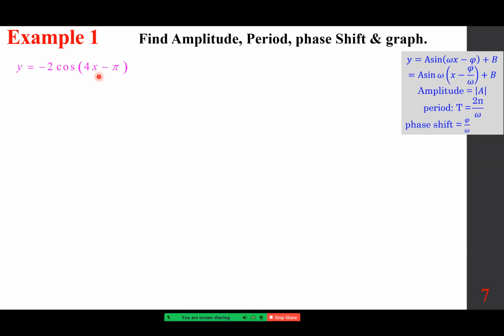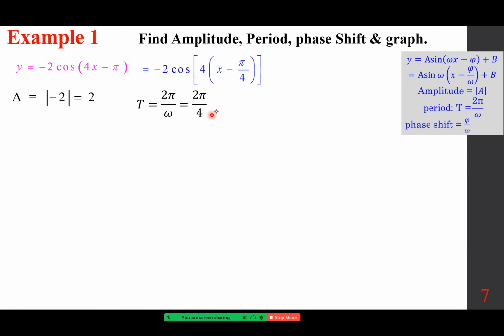So for this one to be done, number 1, you have to take out the 4. So we take out the 4. And now, what is the amplitude? Absolute value of -2, which is 2. What is the period? 2 pi divided by 4. And that gives us pi over 2.